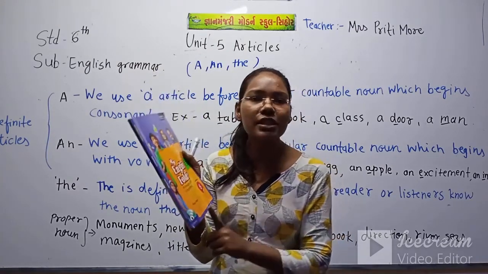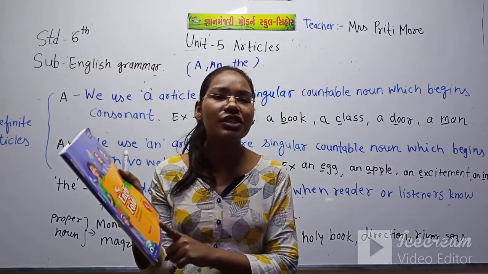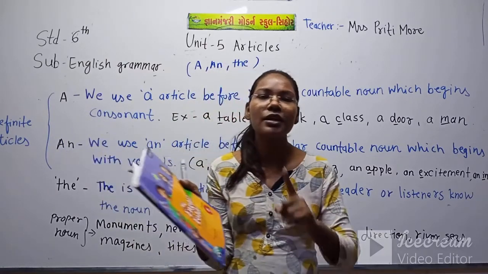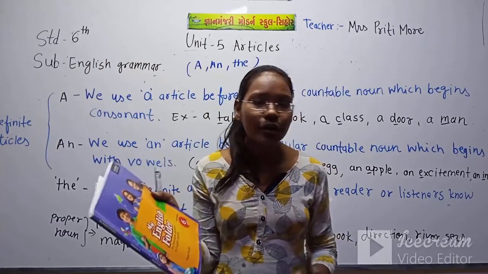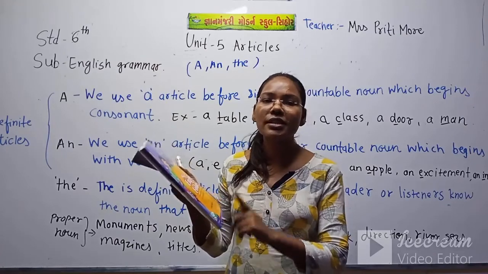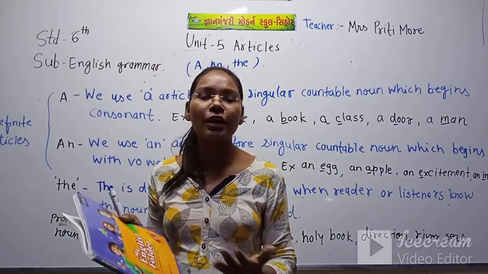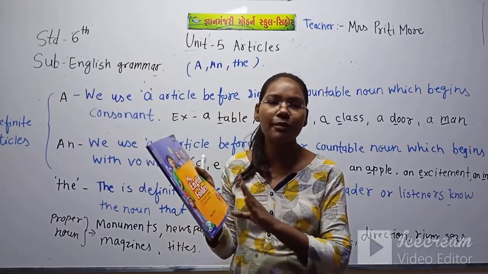So before GE book, which article do we use? The GE book. We cannot use a or an here. We use the, because we both know about the GE book.